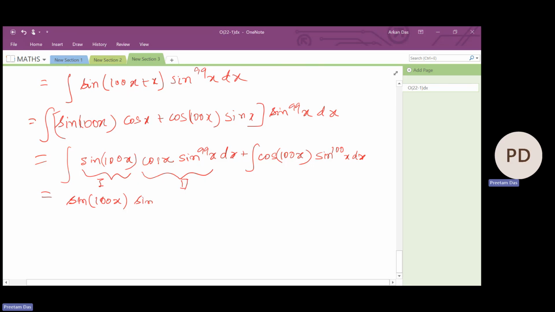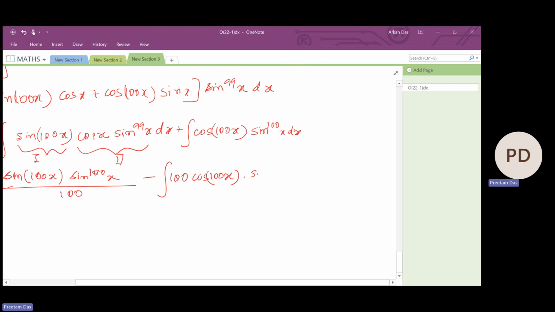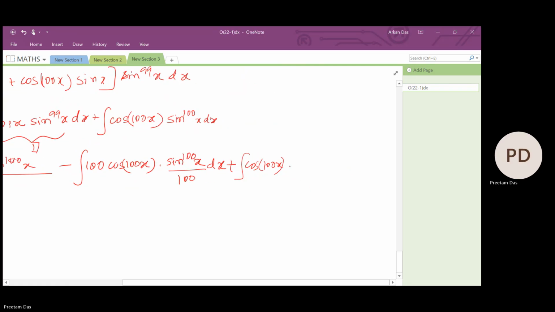It will be sine raised to 100x over 100 minus integration of d/dx of the first function, so 100 cos 100x, and then integration of the second function, that will be sine 100x, sine raised to 100x divided by 100 dx, and then plus cos 100x sine raised to 100x dx.